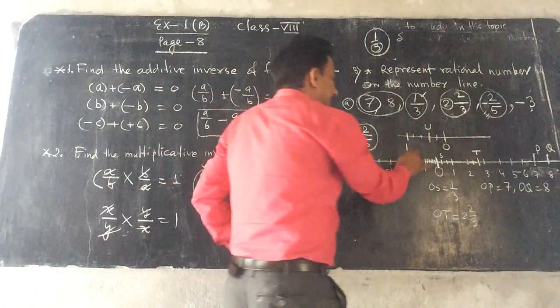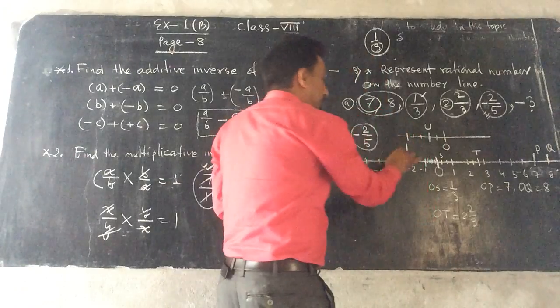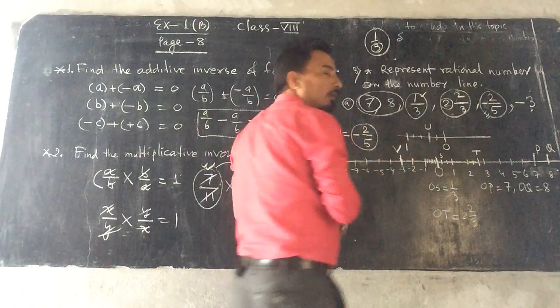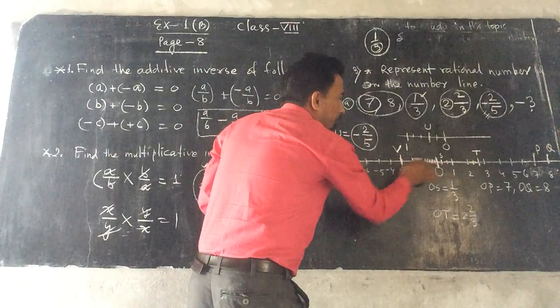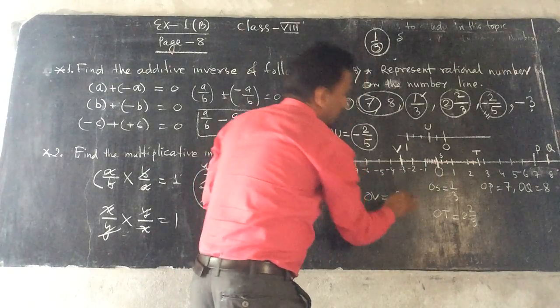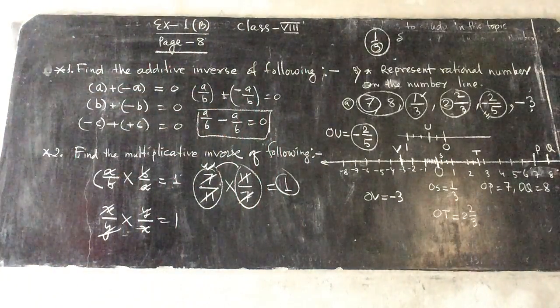It is a negative whole number. Here also you give one name, STUV. So OV represents minus 3. This is how we represent a rational number on a number line.